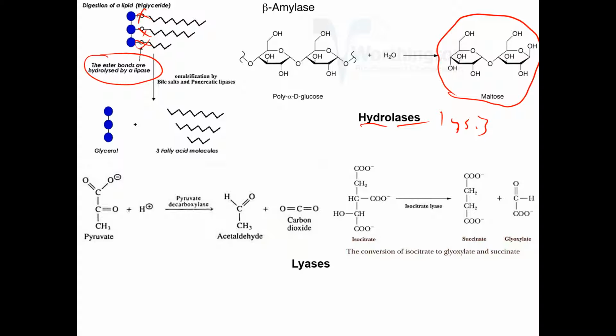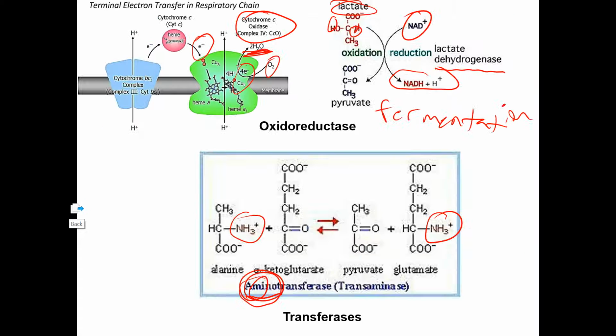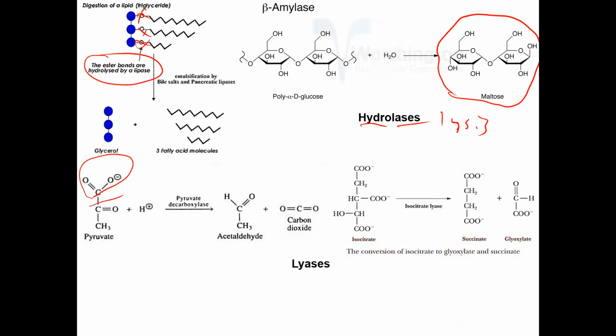Pyruvate decarboxylase tells you that you're going to decarboxylate, or remove a carboxyl group. Pyruvate has a carboxyl group here, so all you're doing is cleaving that functional group off the molecule. You're left with acetaldehyde, and this carboxyl group is nothing more than CO2, carbon dioxide.